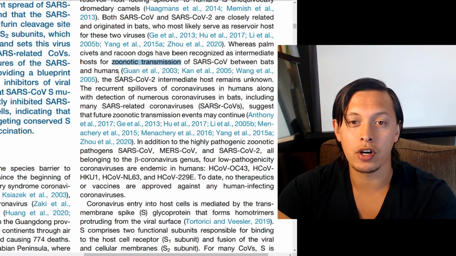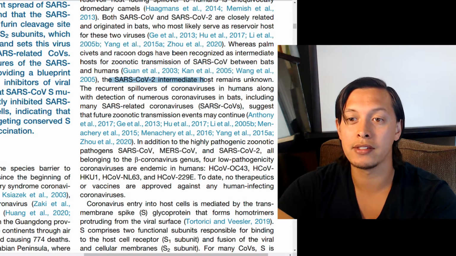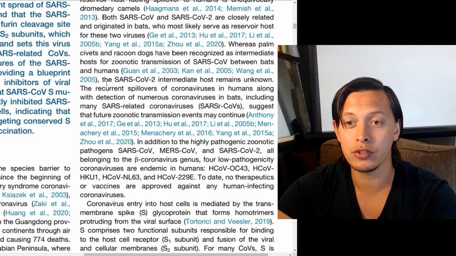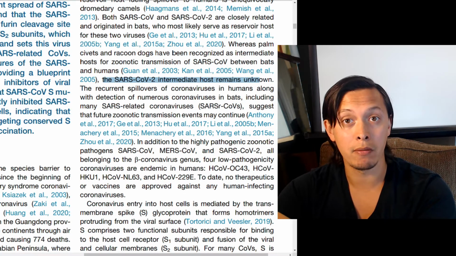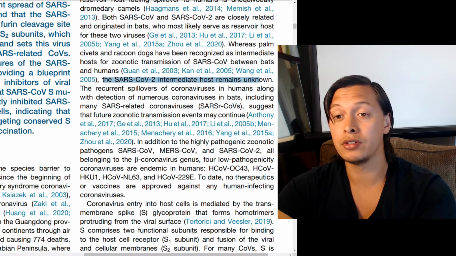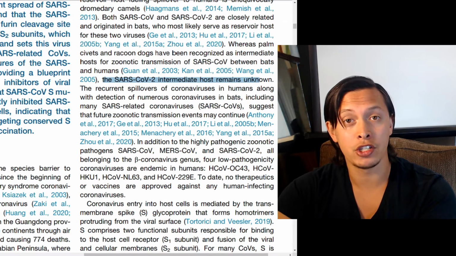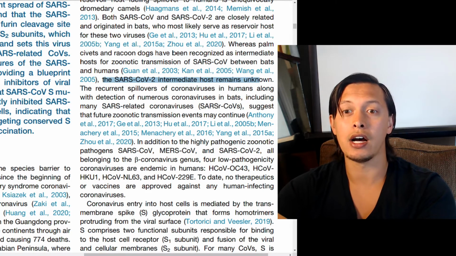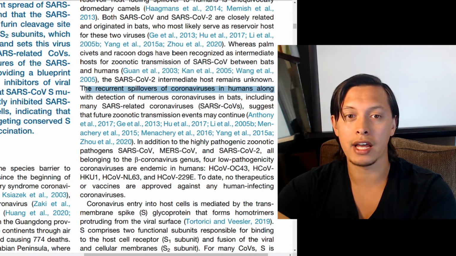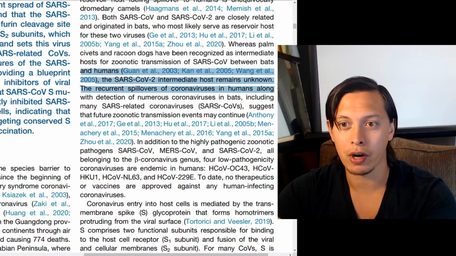The SARS-CoV-2 intermediate host remains unknown to this day. So we still do not know if this came directly from bats to humans. We still do not know if it went from a bat into a different creature first, and then from that other creature to humans. Yeah, there's a lot of unknowns. I mean, it could have been a mosquito for all we know.